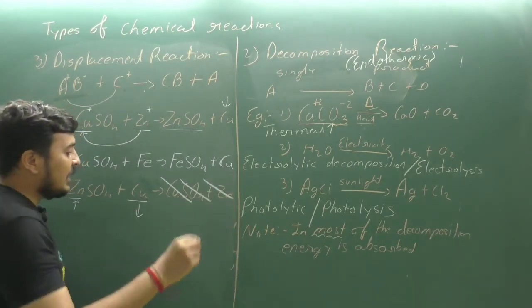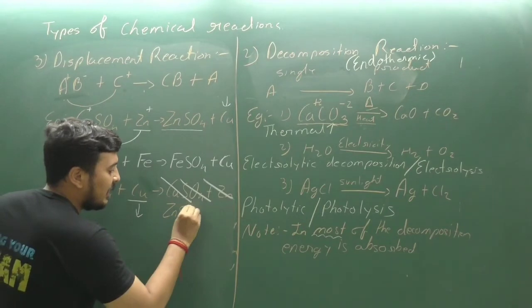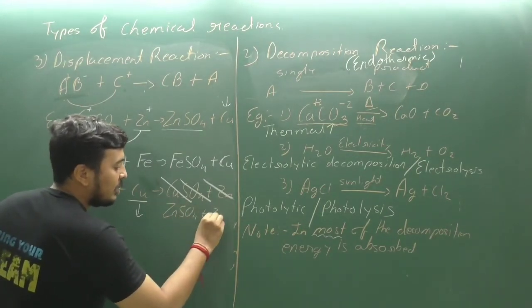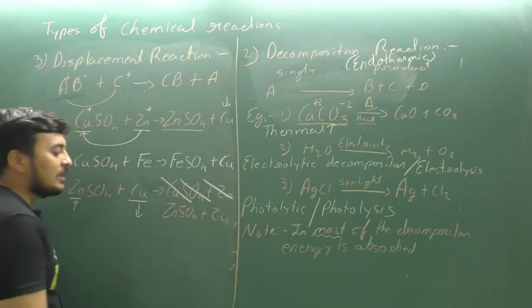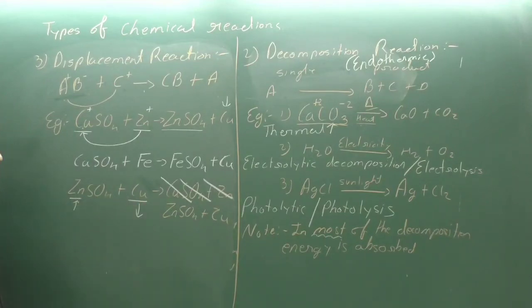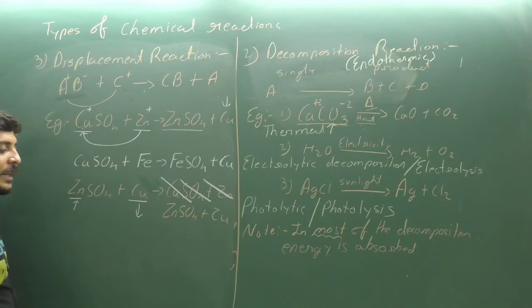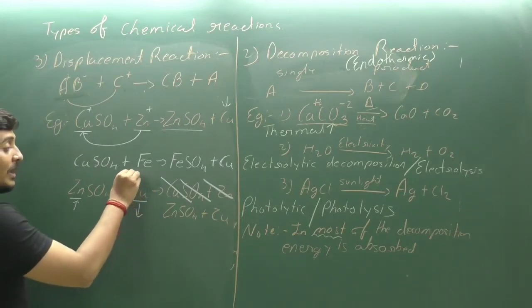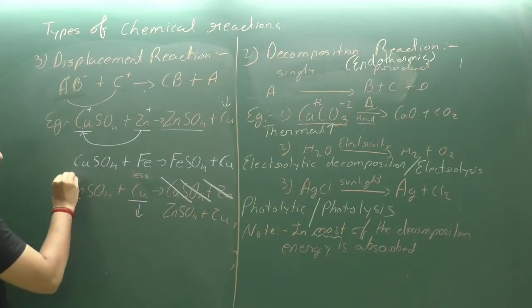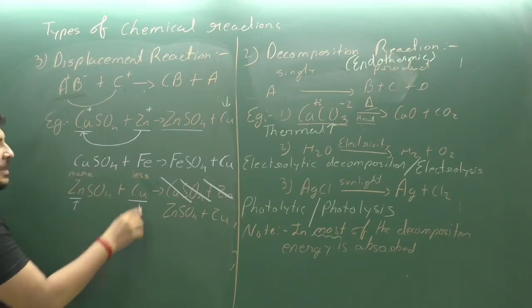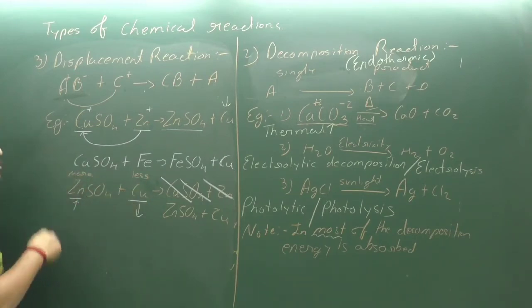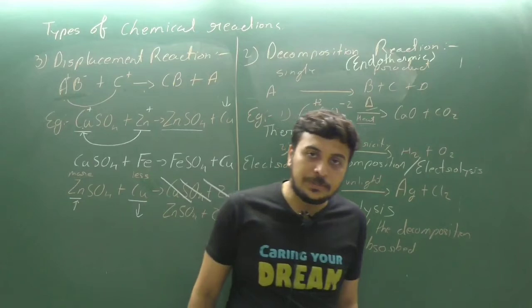It will remain the same, that is ZnSO4 plus Cu. There will not be any reaction in between, as copper is less powerful and zinc is more powerful. It means copper is less reactive and zinc is more reactive than copper.